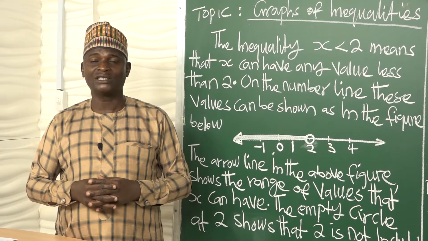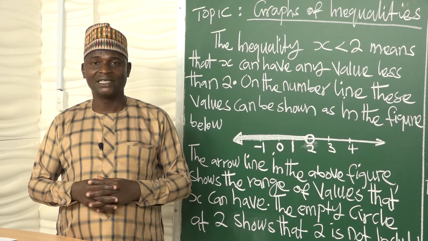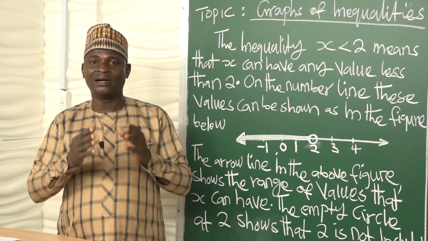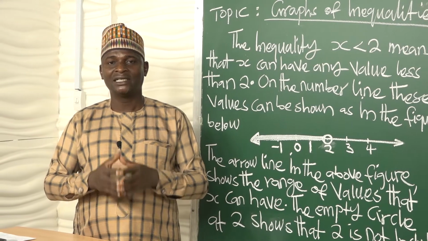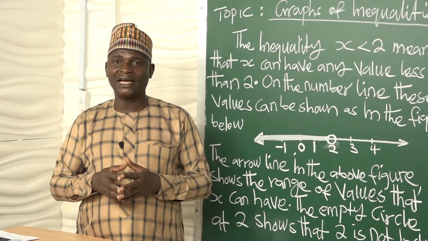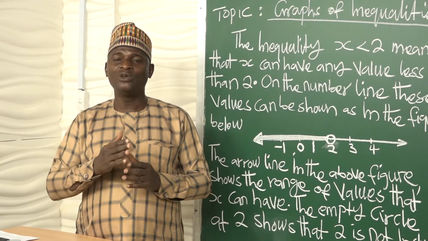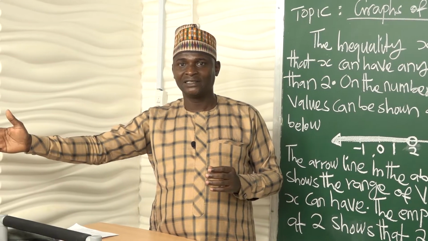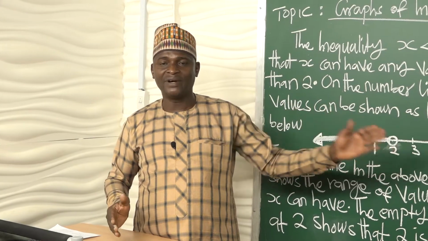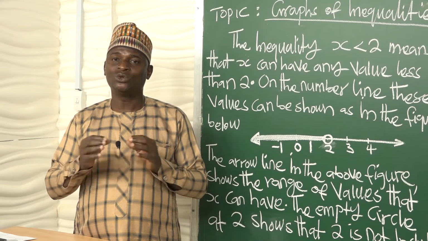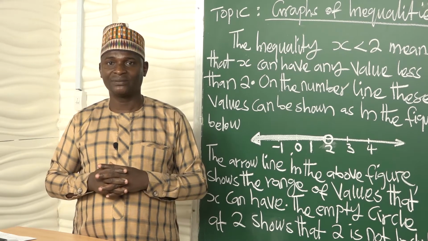As we discussed earlier in your previous class, a number line is just a horizontal line where we have negative numbers, positive numbers, and zero. When you are moving to the right of the number line, the numbers are increasing, while when you are moving to the left-hand side, the numbers are decreasing. This is what is going to be in your mind as you are drawing graphs of inequalities.